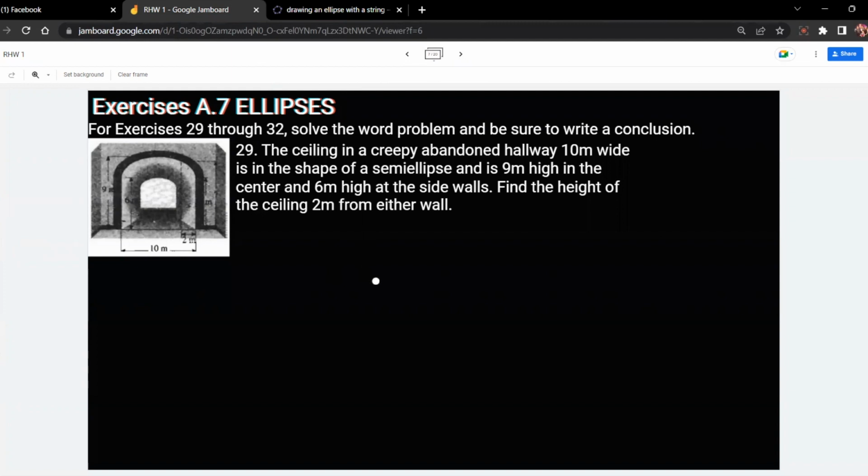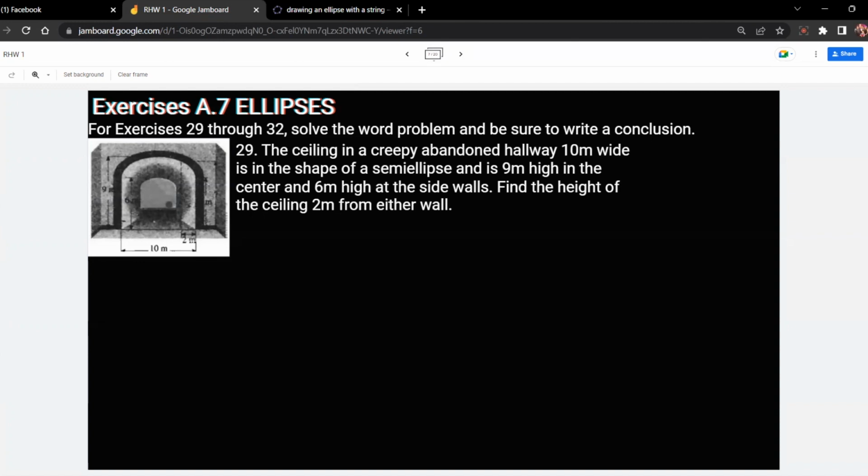The seating in a hallway. Semi-ellipse. So, half 9 meters ellipse high.